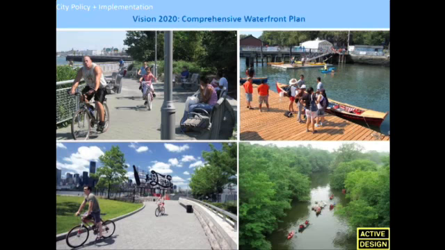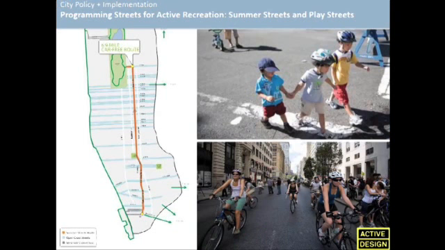We're also developing our waterfront for access to recreation as well as a greenway for active transportation. And we are programming our streets to allow them to be closed regularly for active play.